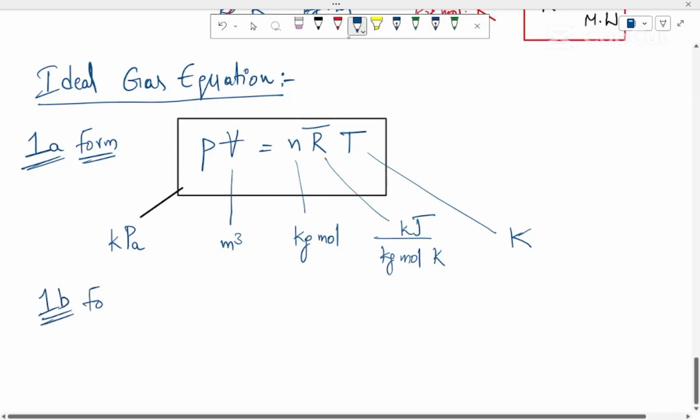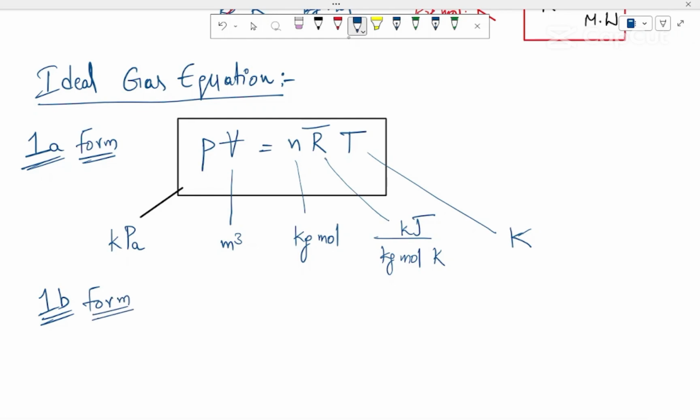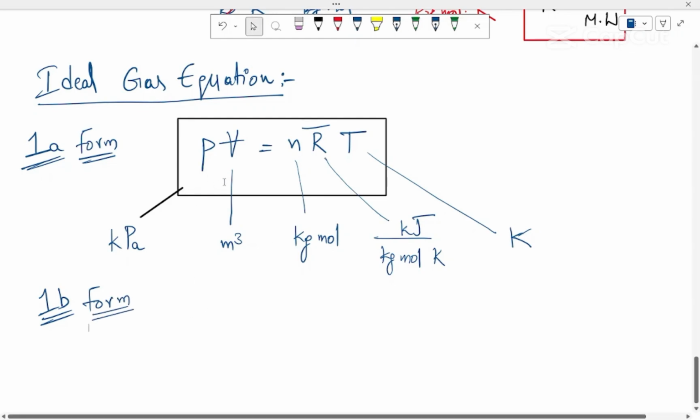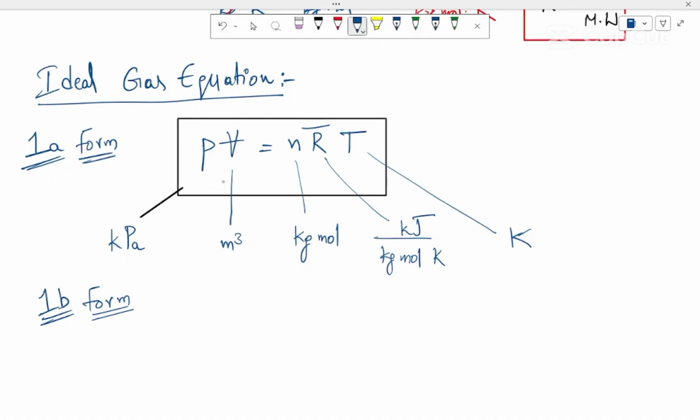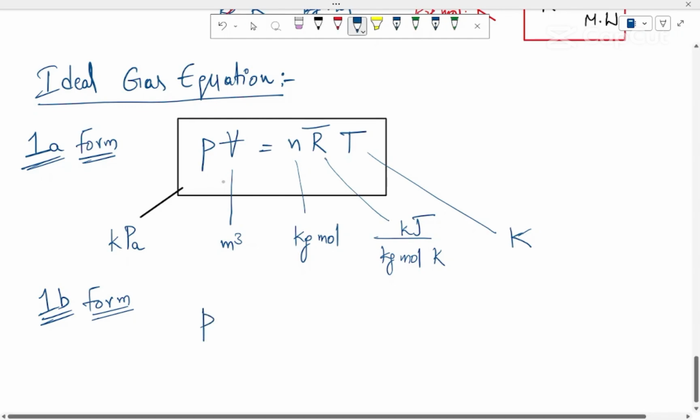If I name it as 1B form, the same expression will get transformed into molar volumes. So when I express the same thing in terms of molar volume, in place of volume I should get small v bar.